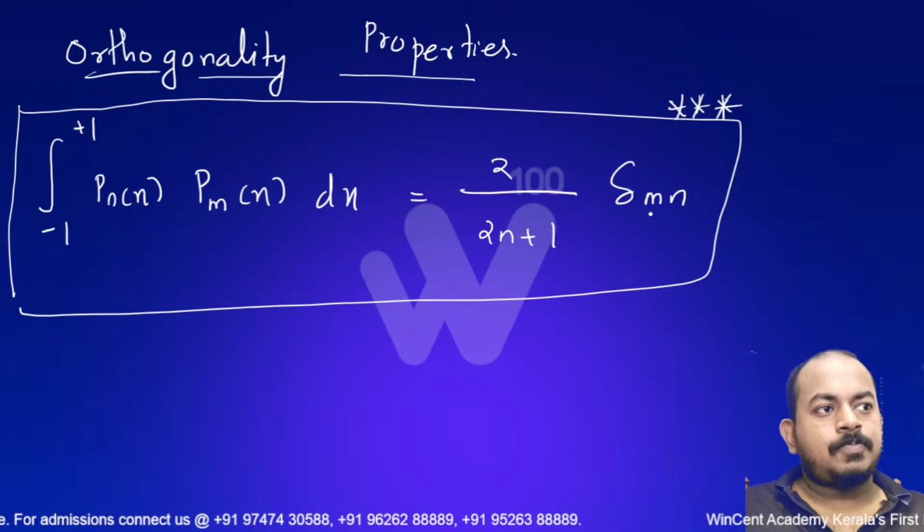Okay. So here we have two conditions. If n equals m, we get the integral from -1 to +1 of Pn of x the whole square dx equal to 2 divided by 2n plus 1.